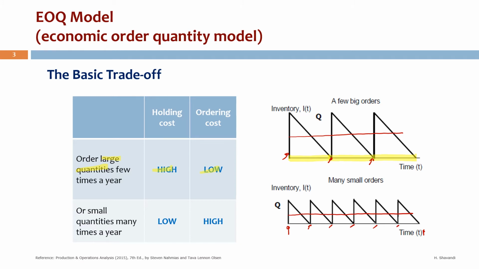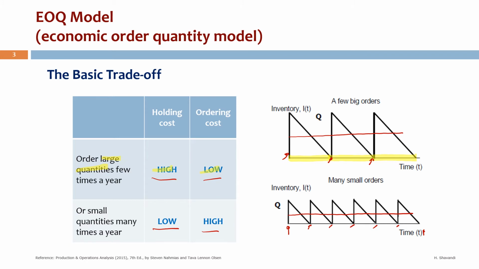So when we have small order quantities, order sizes, and many orders per year, then we have low inventory costs and high ordering costs. But if we have larger quantities, then we have high holding costs and low ordering costs.